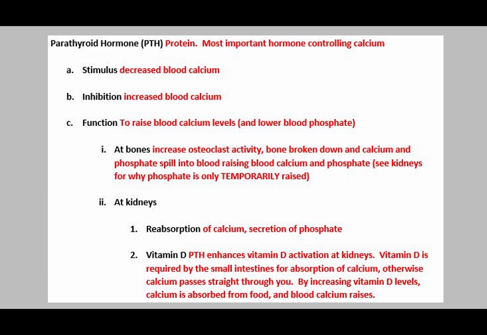Another thing that parathyroid hormone does at the kidneys is, think back to Bio 137 again. What happens when you are in the sun and ultraviolet radiation hits your skin? Well, we talked about how it causes radiation damage to your DNA, but we said that it did something else that was beneficial.